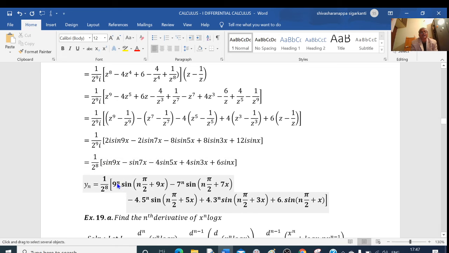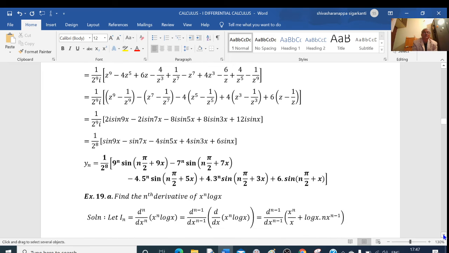The nth derivative of sin 9x is 9 power of n sin of n pi by 2 plus 9x, minus 7 to the power of n into sin of n pi by 2 plus 7x, minus 4 into 5 to the power of n into sin of n pi by 2 plus 5x, plus 4 into 3 power of n into sin of n pi by 2 plus 3x, plus 6 into the nth derivative of sin x, which is sin of n pi by 2 plus x. This is our nth derivative. Okay. Next I will go to another example.